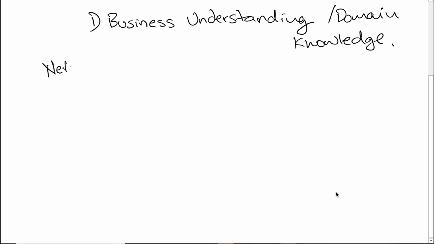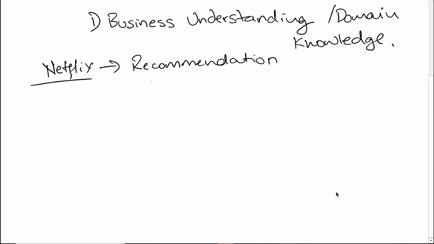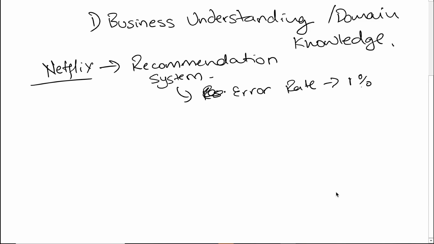Okay. Now, let's say you are given a problem statement where they have a recommendation system, and they have asked you to optimize this recommendation system in a way so that you can reduce the error rate by 1%, and you can increase the accuracy by at least 5%.